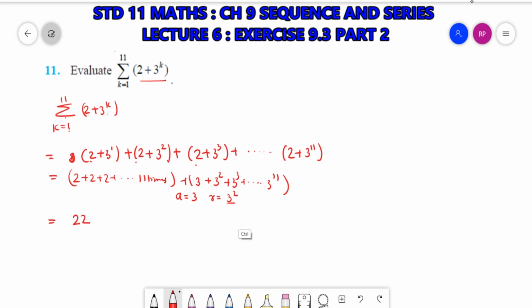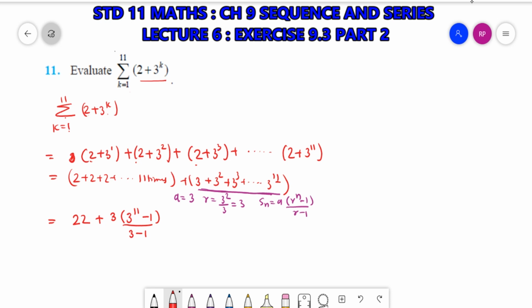So in this case, the first term is equal to 3 and the ratio is 3. So we'll use the formula a r raised to n minus 1 upon r minus 1, right, because this is the geometric progression. So plus a, that is 3, r raised to n, and what is n here? 11. So 3 raised to 11 minus 1 upon 3 minus 1.